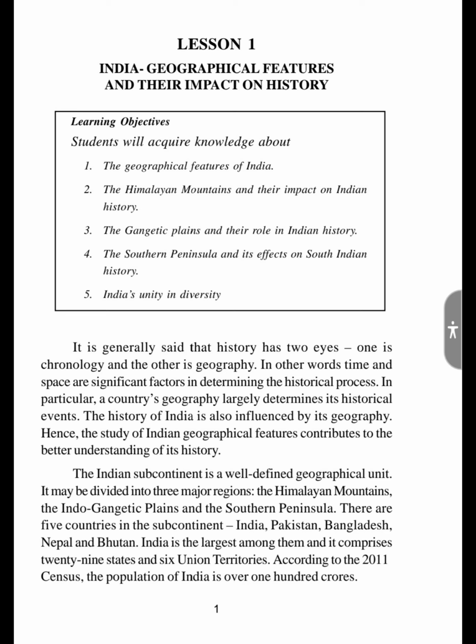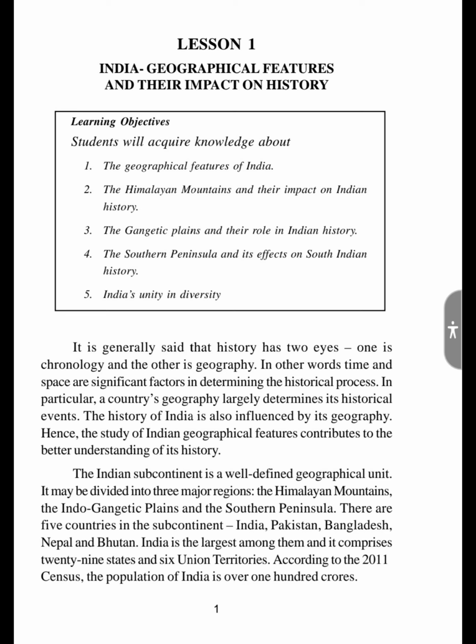In particular, a country's geography largely determines its historical events. The history of India is also influenced by its geography. Hence, the study of Indian geographical features contributes to a better understanding of its history.